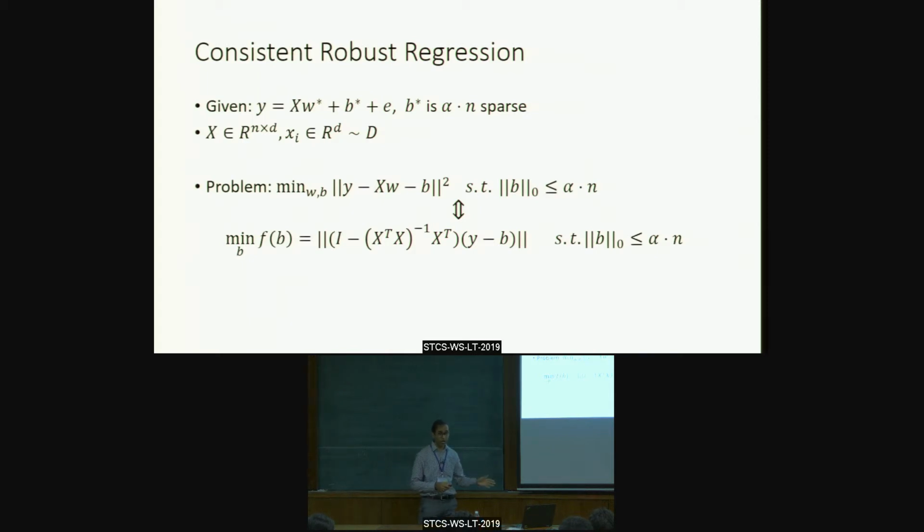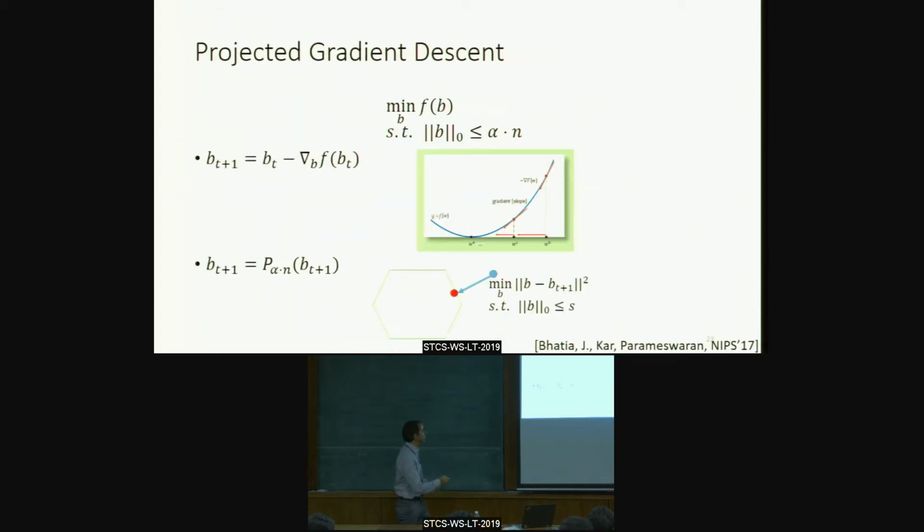In general, it's not a good idea, and I will not advise it, but for this problem, we are claiming that it works out. So the algorithm is: you have some iterate bt, you do a gradient descent step. This step will take you out of your small, sparse vector ball, so you project back onto that ball and just iterate.